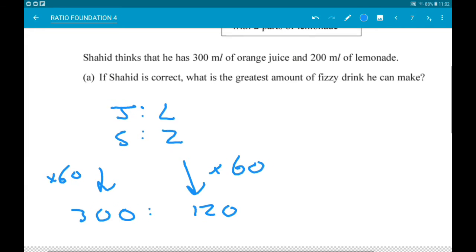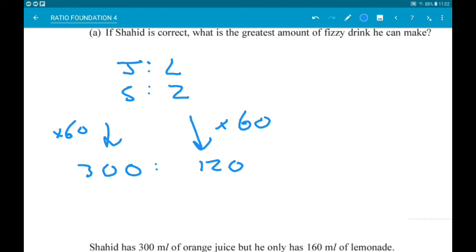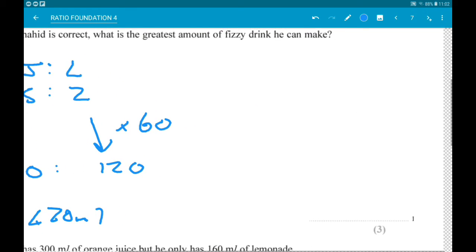So, like that, we're going to make 420 millilitres. Now, what we have to check is, can we make more by using all of the lemonade? So, let's try again.